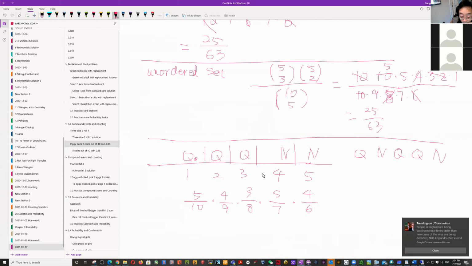I can do it this way. So how many different arrangement orders can I do? It's actually 5 choose 2 because I only need to choose 2 positions where I put nickels. So basically this is going to be the total result. And this is going to be 10 choose 5, and 5 choose 2 is going to be 10.